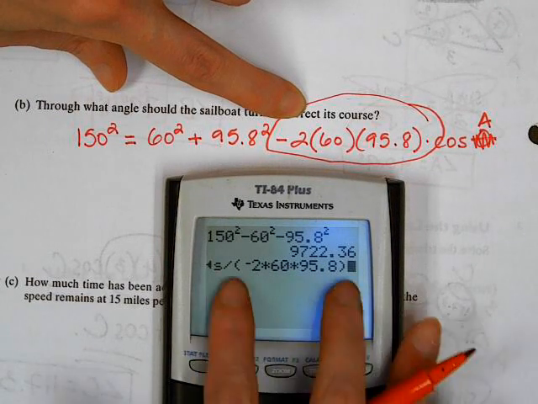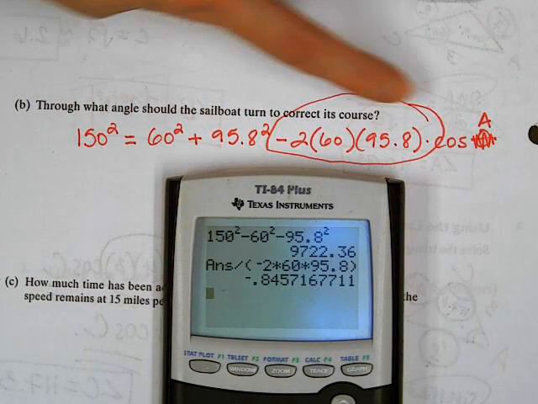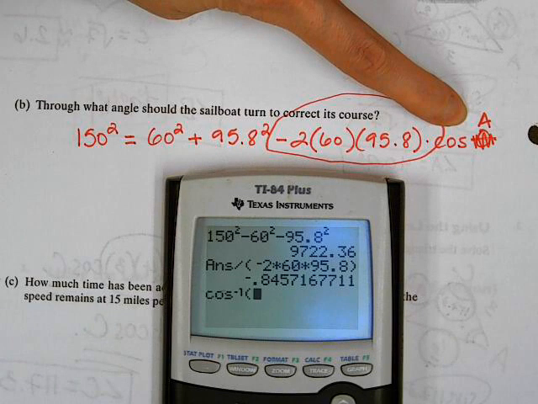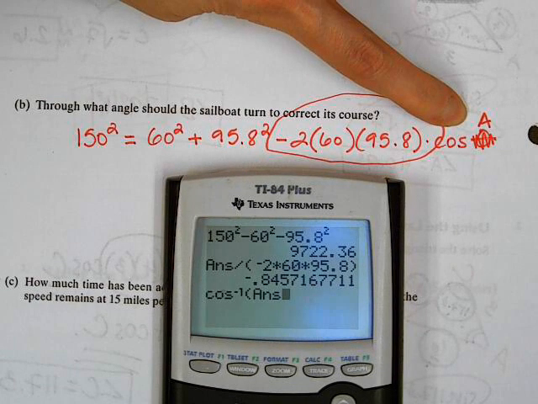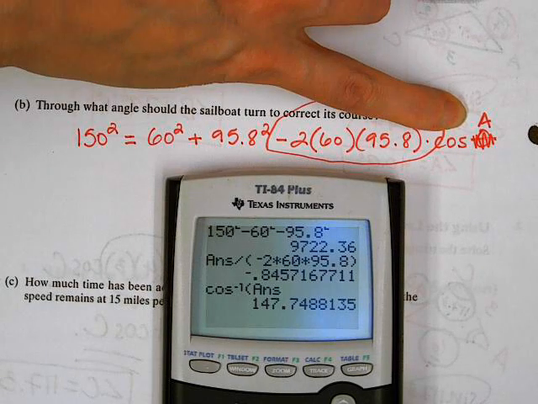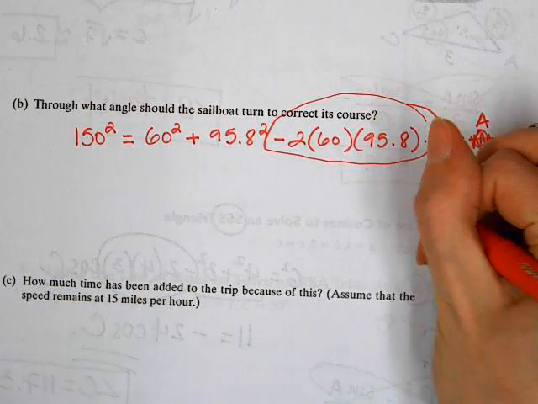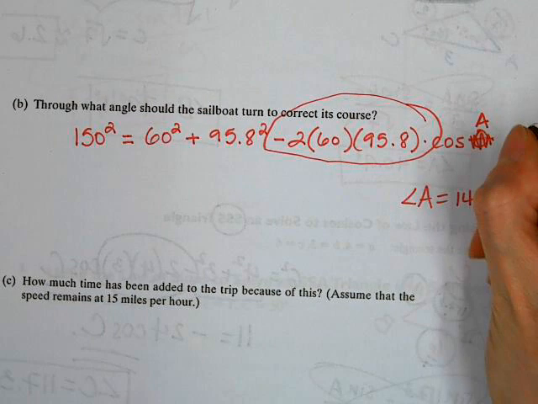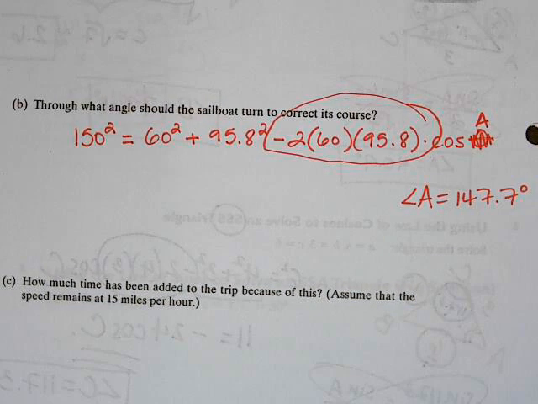Make sure you put that in parentheses. And then we need to do inverse cosine to get that angle. So hopefully you get 147.7. So angle A is 147.7 degrees.